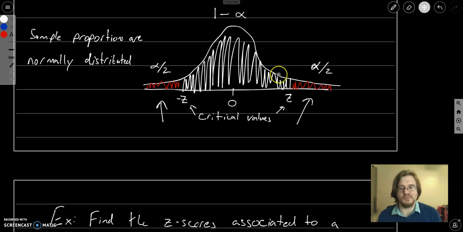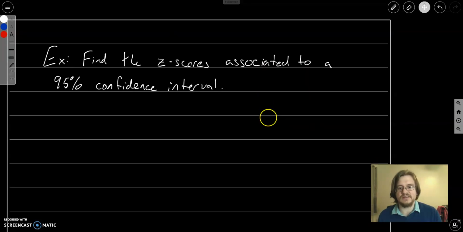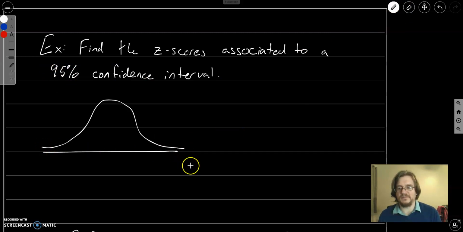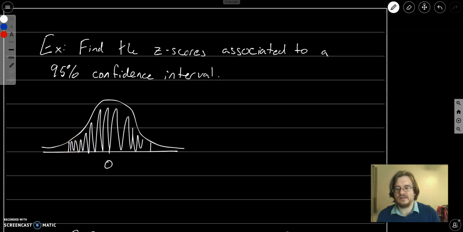So let's find z and negative z for a particular confidence interval. Let's look at 0.95. Let's find the z-scores associated with a 95% confidence interval. Again, if I draw my picture, we've got our bell curve, our standard normal distribution, and we want this area in the middle to be 0.95.